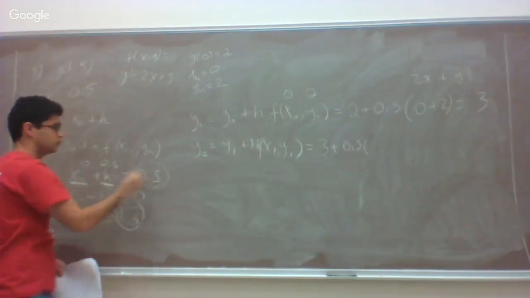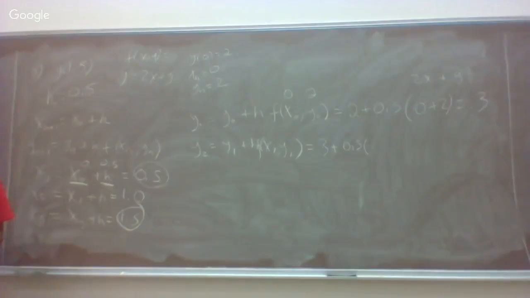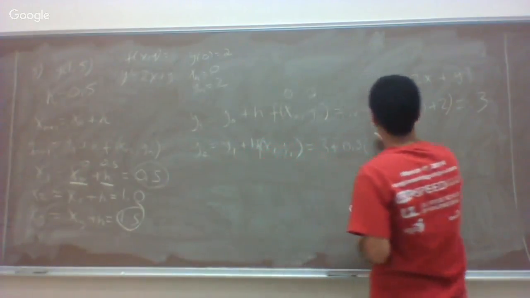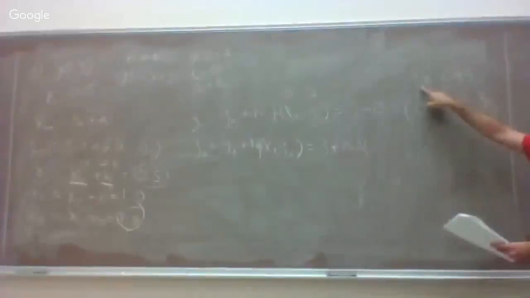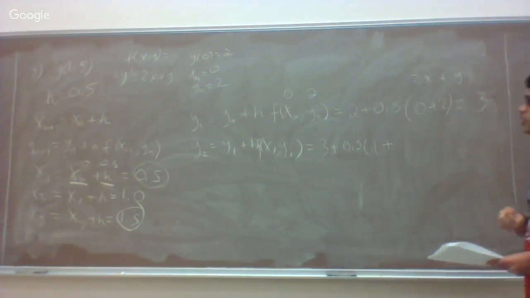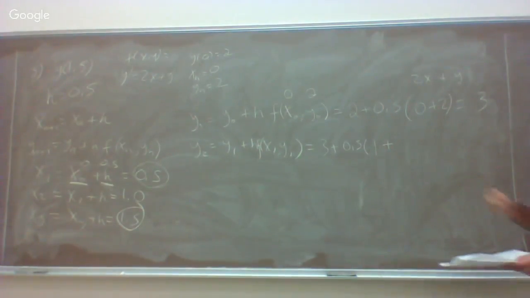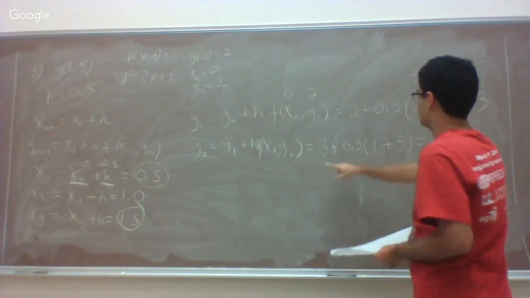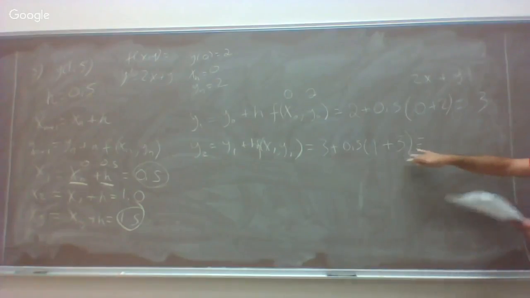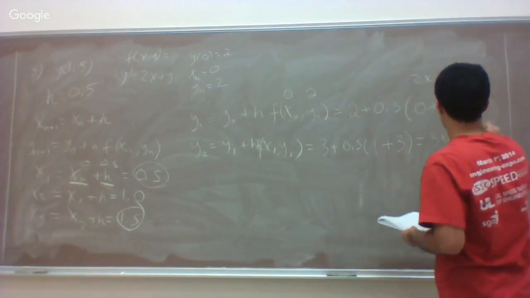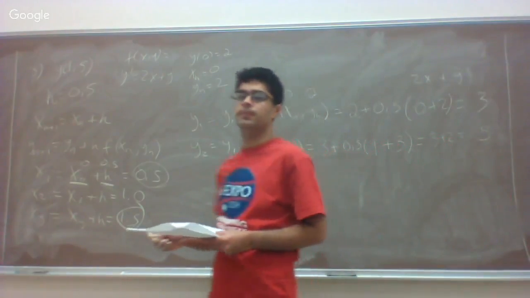This is my x1 value, because that's the step that we took by h. So then I have 0.5 times a 2, so I have a 1, plus y sub 1, which we found is a 3. So this is equal to 3, plus 0.5 times 4, 3 plus 2. So this is equal to a 5.